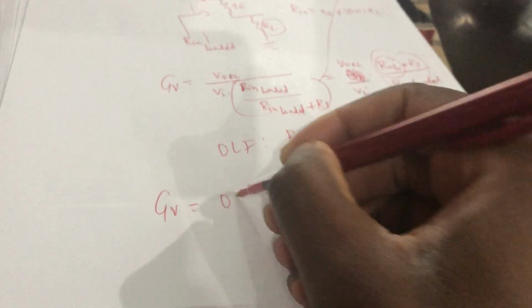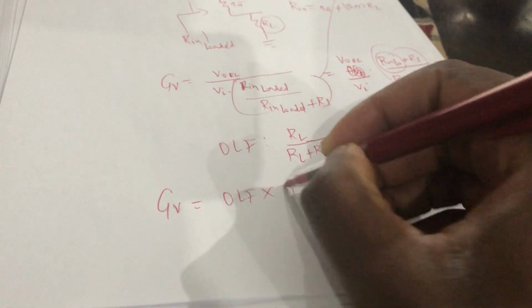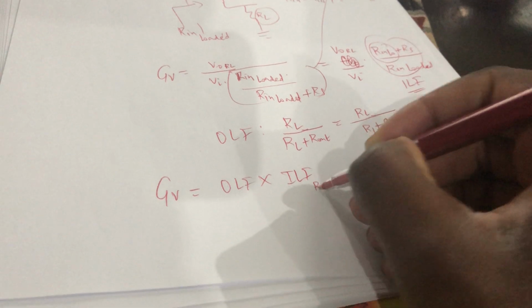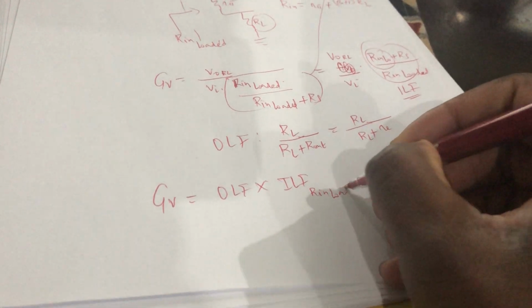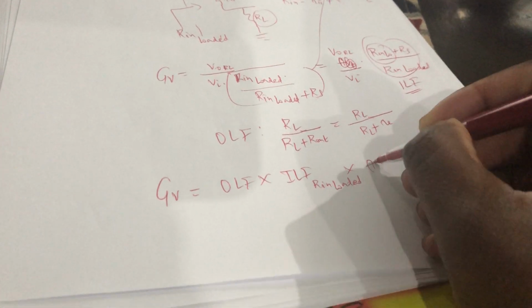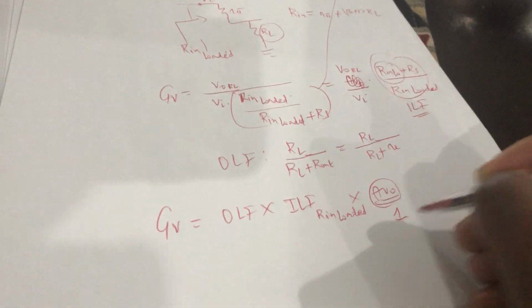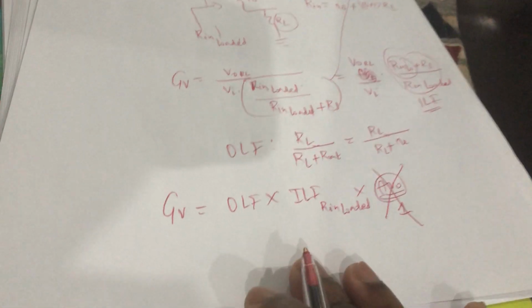So to get a fully loaded gain, you take the output loading factor and multiply by the input loading factor, but with R in loaded, of course, as we discussed, times the open loop gain, which happens to be 1, so we can ignore it.